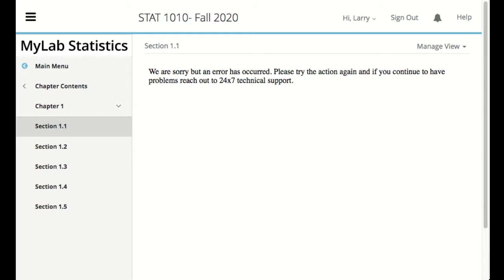Now, in the future, because there were some problems getting everybody to MyLab and problems with Pearson, what I may do, I may not do it, is give you some of the homework assignments that they have on MyLab Statistics that you can send to me, and I'll decide whether there's some value in that and we can add to it.